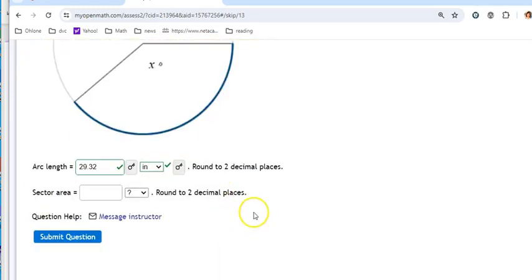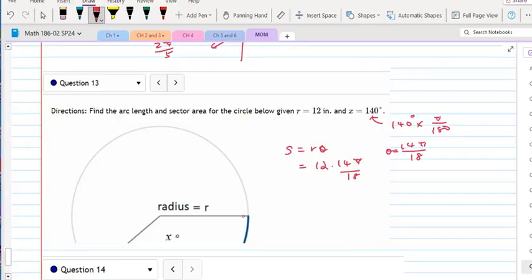Sector area is, let's go back to here. Area is 1/2 r square theta, or theta, oh gosh. 1/2 theta r square or r square theta. 1/2, we know the radian version, 14 pi over 18. R square is 12 square.